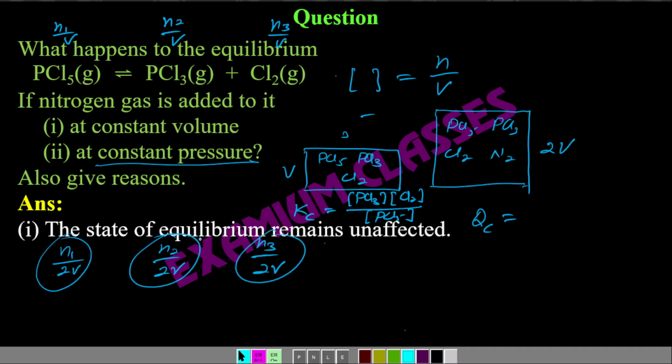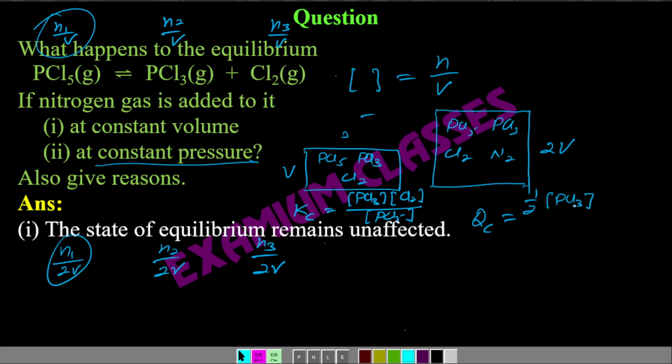You will use QC. QC will be the concentrations of products divided by reactants raised to their stoichiometric coefficients again. This is the initial concentration, whatever the concentration was earlier, half of that. So it is half of the PCl3 concentration.